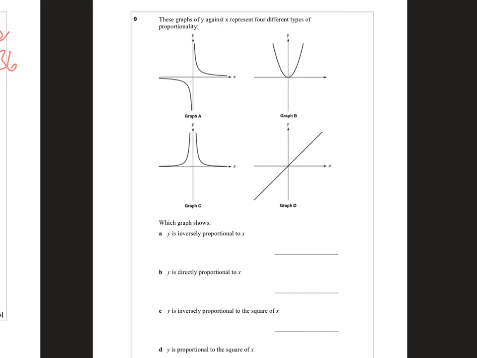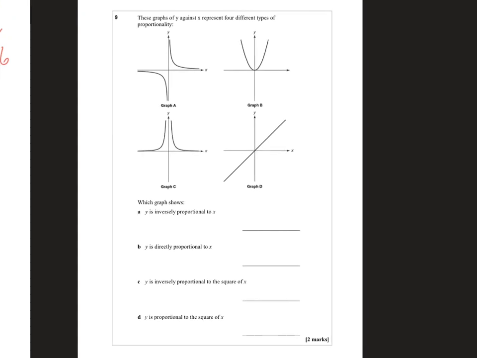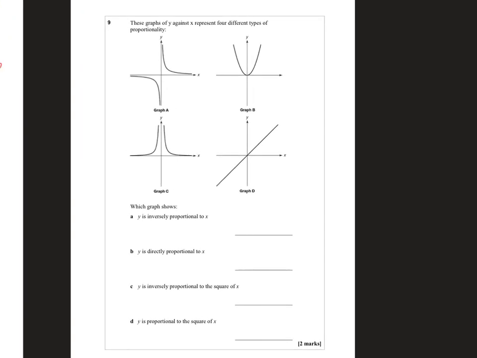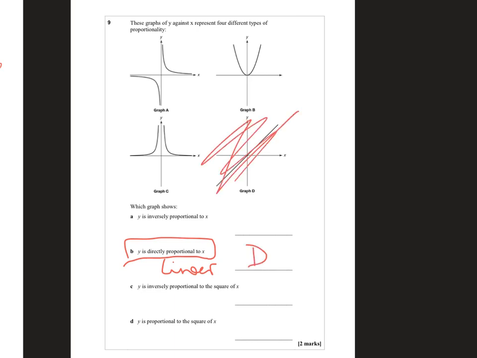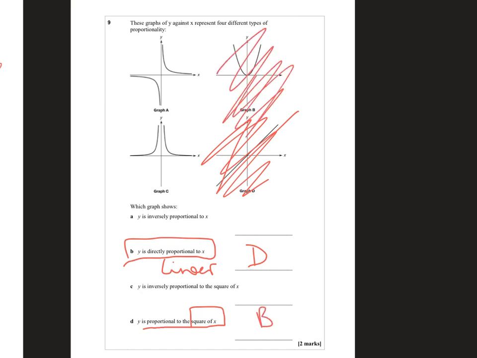Question 9. Some different graphs. So when it's directly proportional, that's just a linear graph. Direct proportion is our standard linear graph. So that's D. Directly proportional to the square, well, x squared looks like B. So I've just got 2 left now.